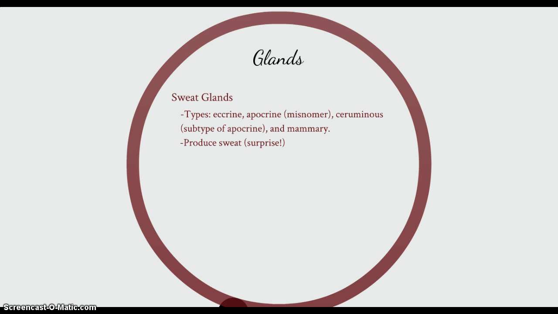Anyway, eccrine glands secrete 99% water, 1% salt. Apocrine glands secrete a majority of water, but also salt and some fats and some proteins. And these attract bacteria on the skin. And so the bacteria decompose those proteins and those fats, and it gives you that terrible body odor that you have whenever you're, for example, say on your first date.